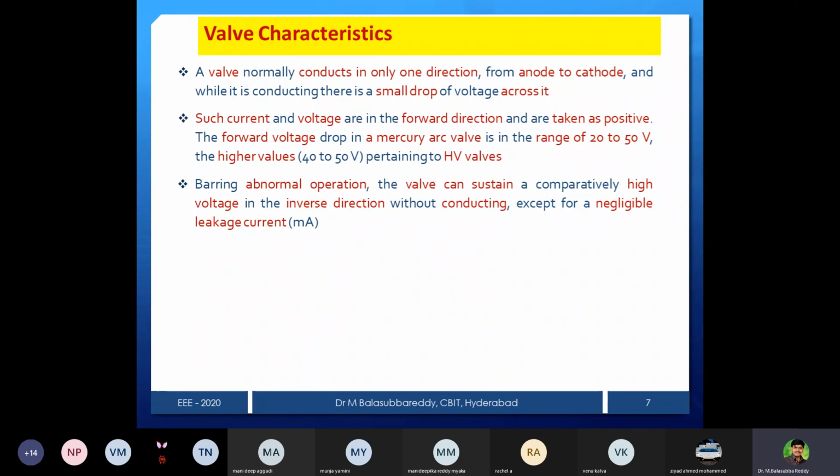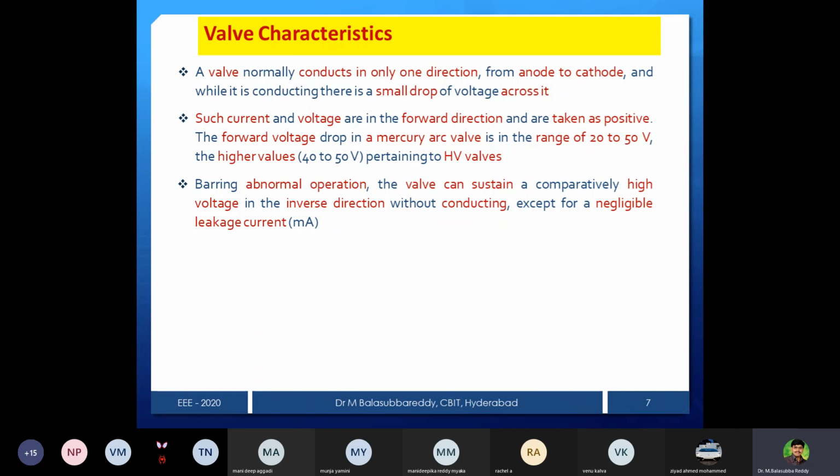And there is abnormal operation. The valve can sustain a comparatively high voltage in the reverse direction without conducting, except for negligible leakage current. That means under abnormal operation, it can withstand the peak inverse voltage or reverse voltage. If it is not able to withstand, reverse breakdown takes place and the device is going to conduct.